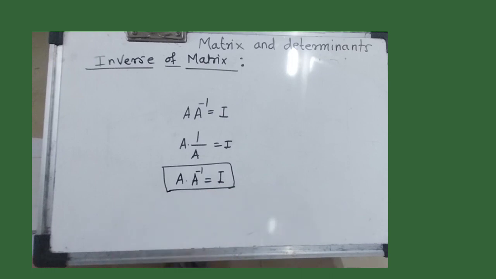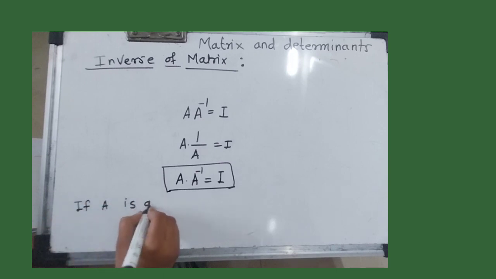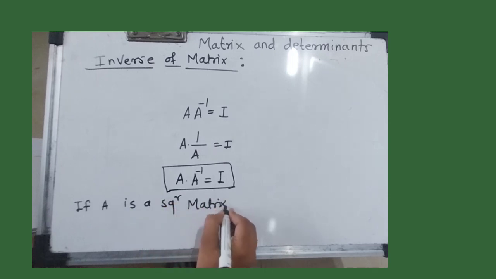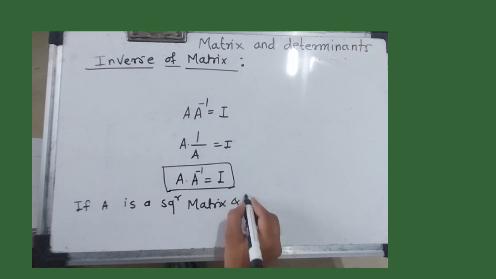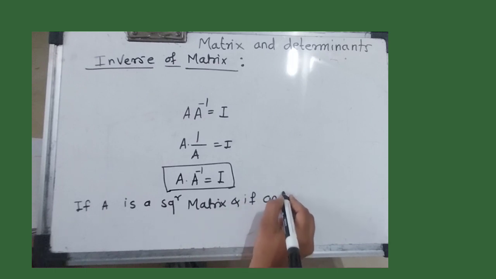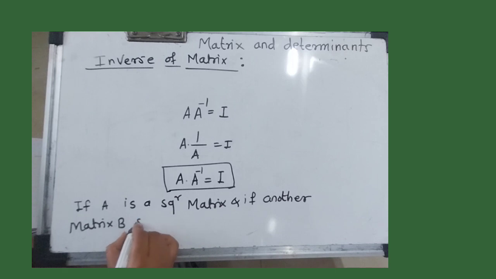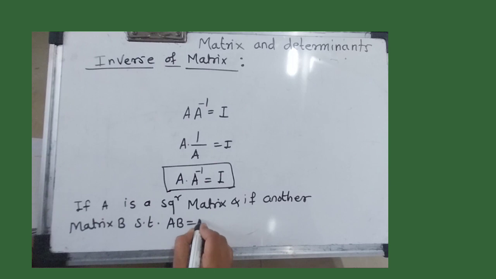Similarly, we can say if A is a square matrix, and if there is another matrix B such that AB equals BA equals I. What does it mean?